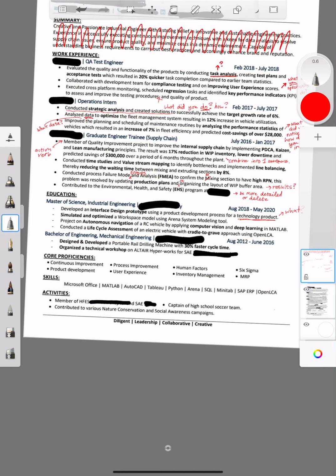"Simulated and optimized a workspace knowledge using Arena System Modeling Tool." I don't really know what that means. I don't know if that's just the mechanical engineer in me, and if I was maybe an industrial engineer, I would know. But I don't know why they did it. I guess I do know how they did it: they used this modeling tool.